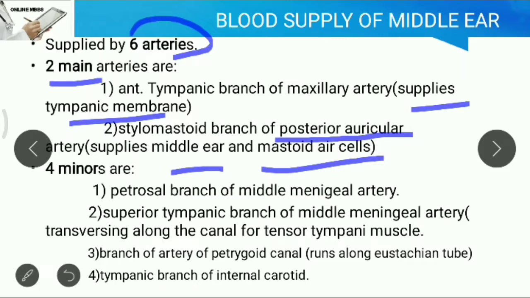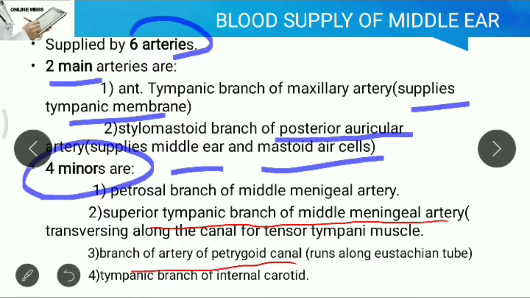And the 4 minor arteries are the petrosal branch of middle meningeal artery, the superior tympanic branch of middle meningeal artery, traversing along the canal for tensor tympani muscle, the third one is the branch of artery of pterygoid canal that runs along the Eustachian tube, and the fourth one is the tympanic branch of internal carotid.